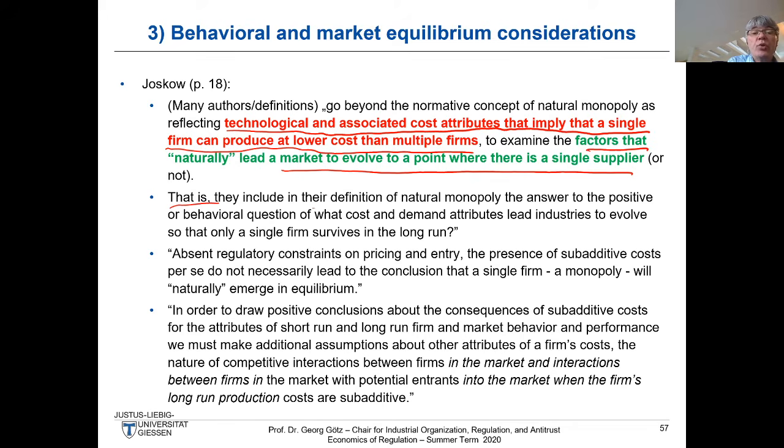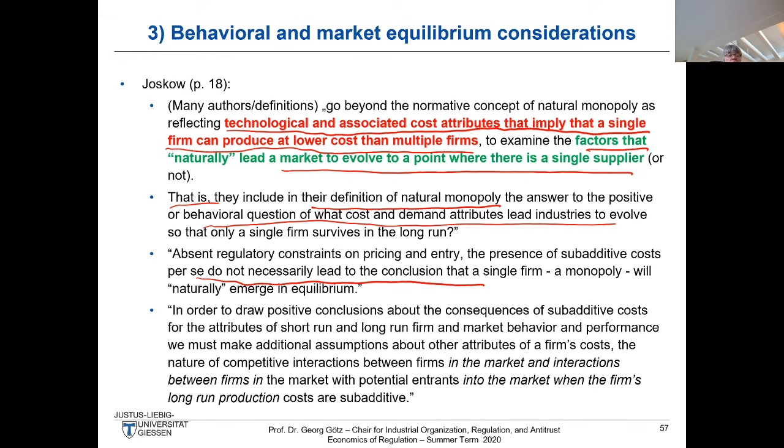Many authors include in their definition of a natural monopoly the answer to the behavioral question of what cost and demand attributes lead industries to evolve to a monopoly. We didn't discuss that here. Given what we did, we do not get any conclusion that a single firm will naturally emerge in equilibrium, and it is also not clear whether we should have one.